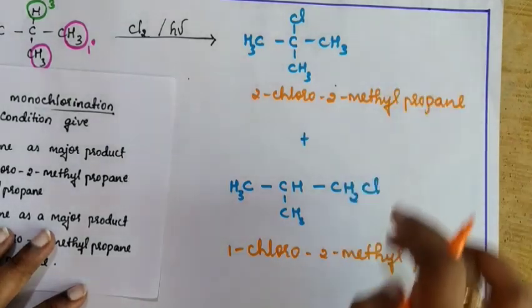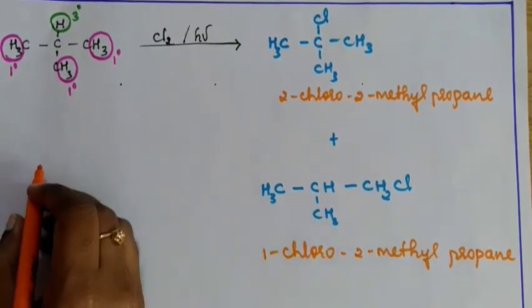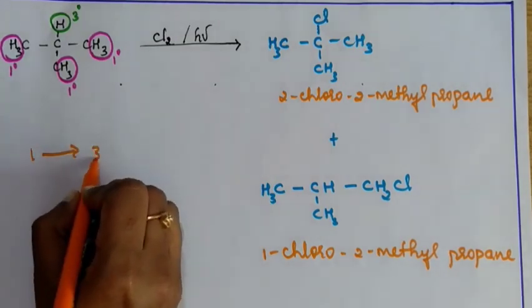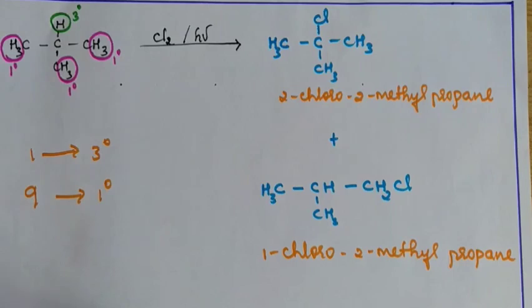So in these two products, how do you find which one is present in major quantity and which one in minor quantity? See, we have only one tertiary hydrogen and 9 primary hydrogens.